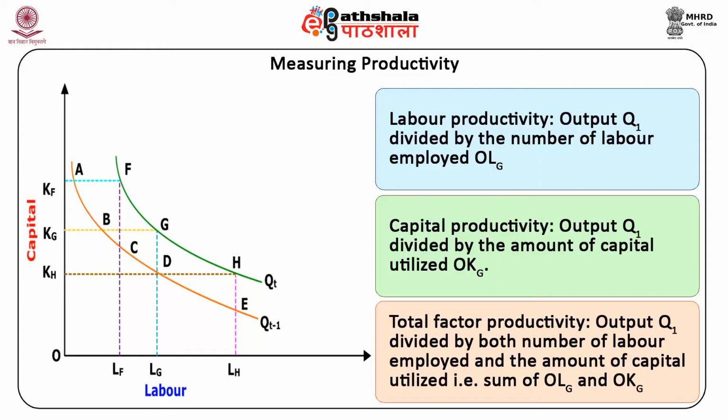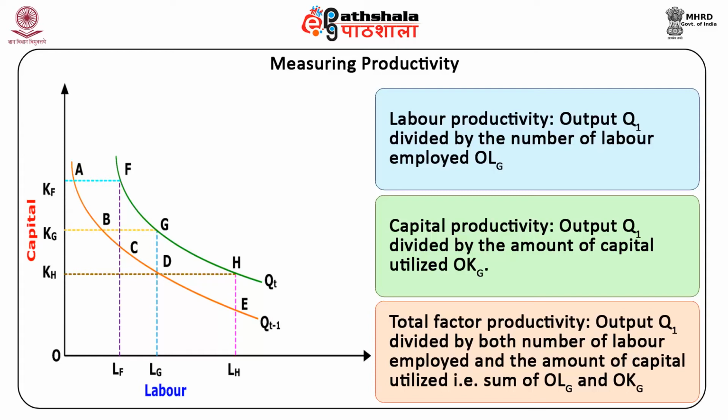In case the firm undergoes a technical progress such that it moves to an isoquant Qt plus 1, it produces the same output Qt. The total factor productivity at each point of the isoquant Qt plus 1 will be superior to the isoquant Qt, as the total factors used in the former are fewer than in the latter.